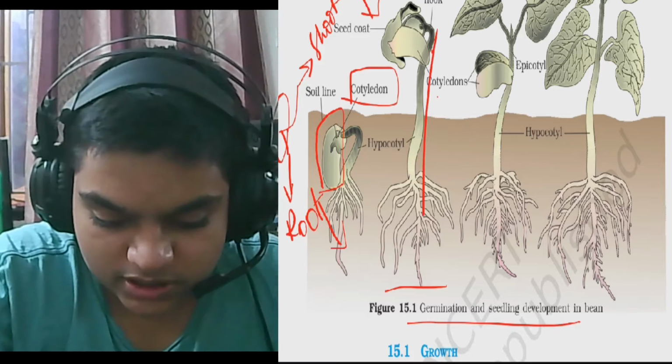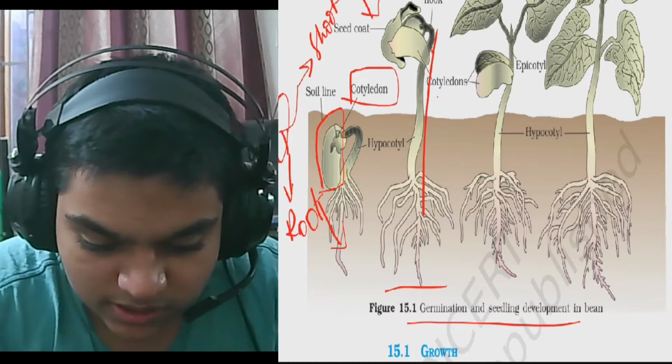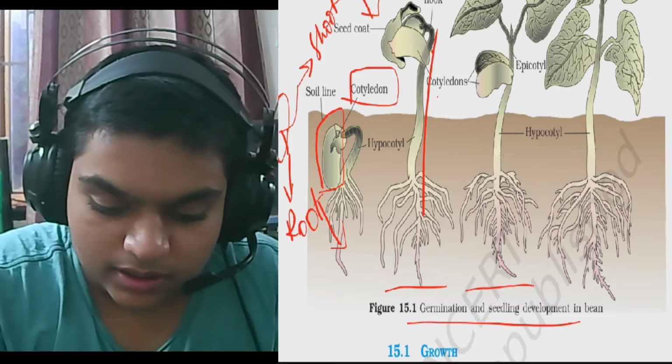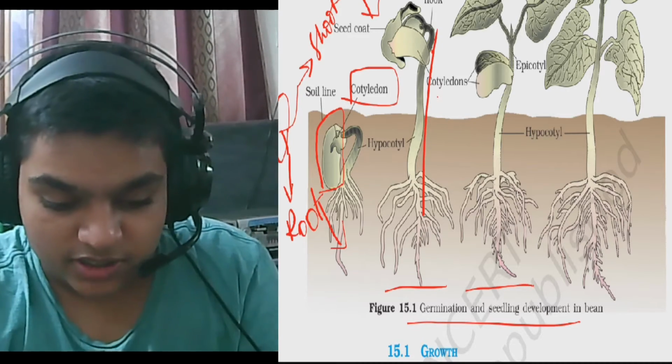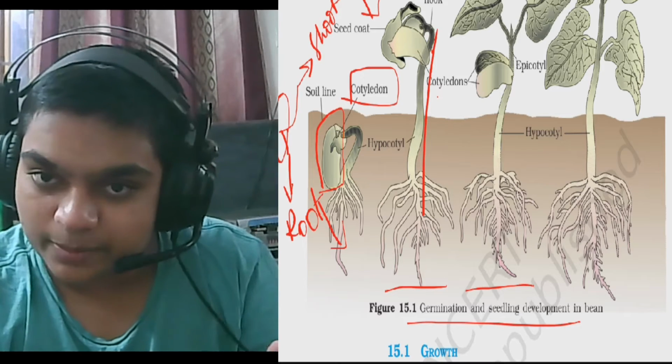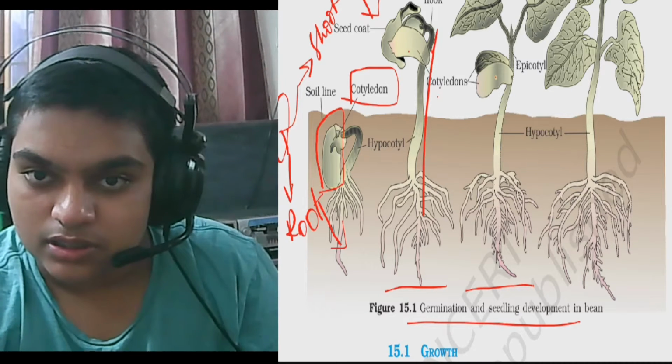Next, here the leaves develop. Still the cotyledon remains here in these two stages.